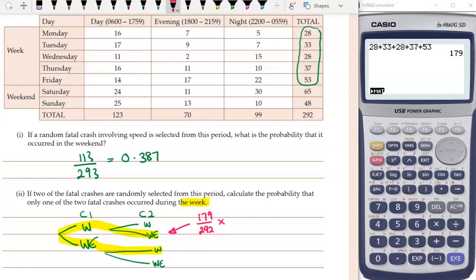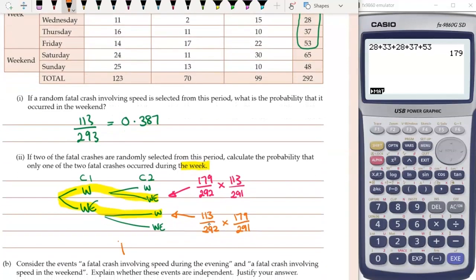Then on the second one, we've got 113, because we worked that out from this first one, that could happen on the weekend, with 291 crashes left to pick from, because we already used one up when we selected a weekday crash for the first option. The second branch, we would have 113 weekend crashes out of 292. Then we have 179 out of 291.